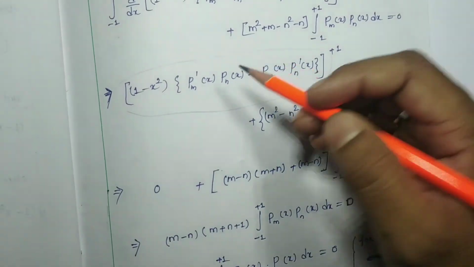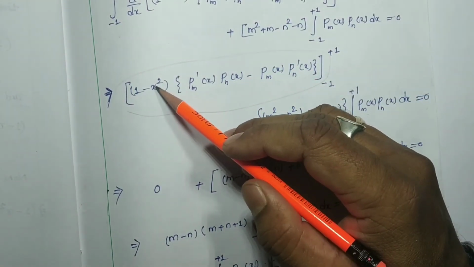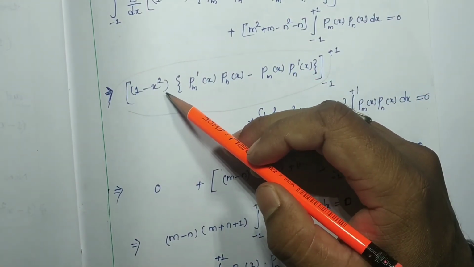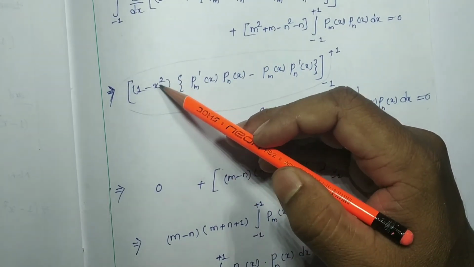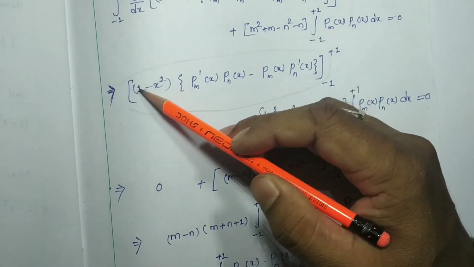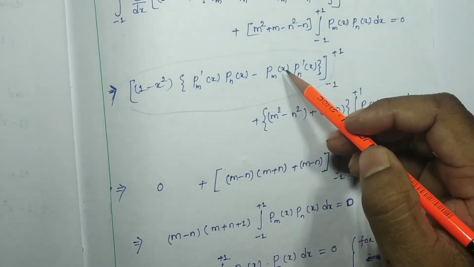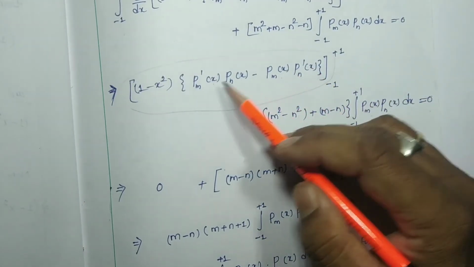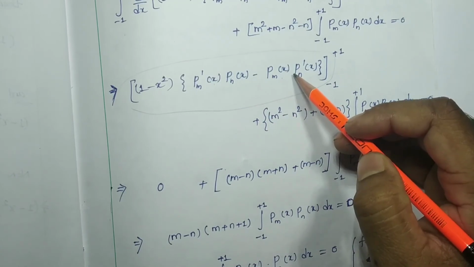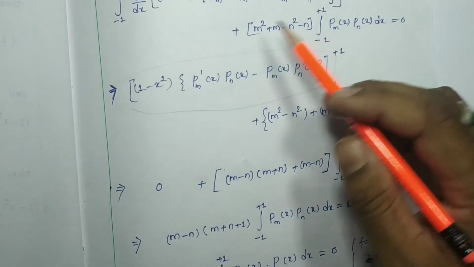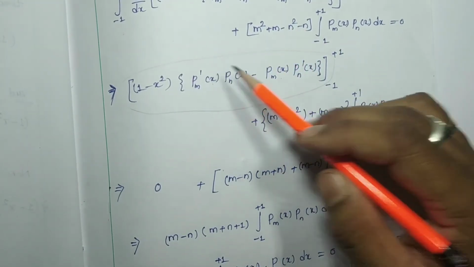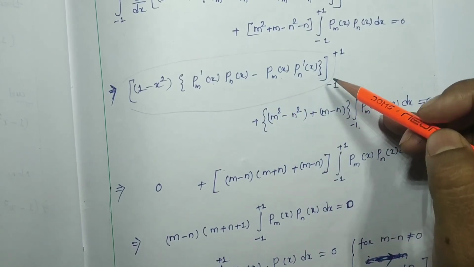because see, whatever may be the value of x, here 1 minus x square is there, and this is a function of x, this is a function of x, and these all are functions of x. Okay. So if I put 1, whatever value I get, for minus 1 I am going to get the opposite value.